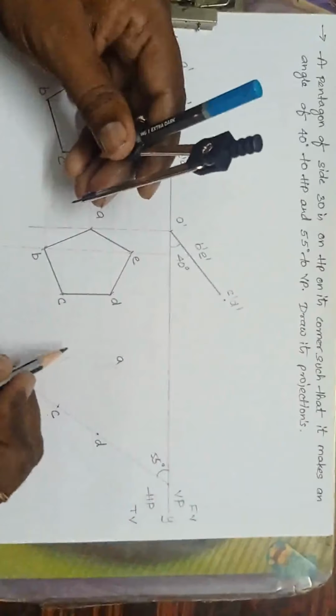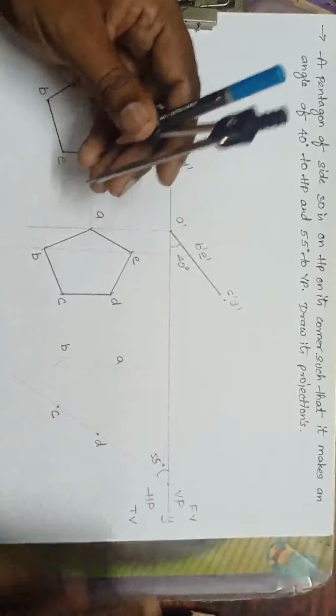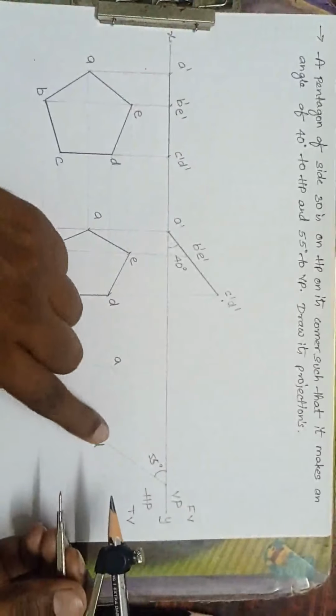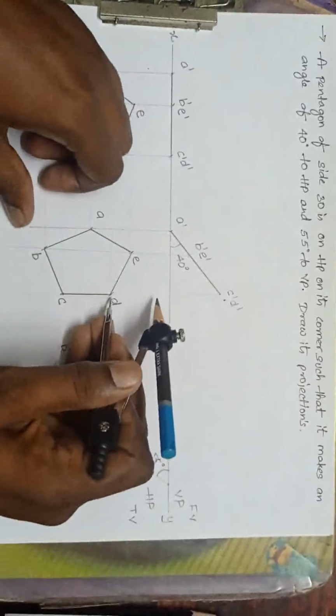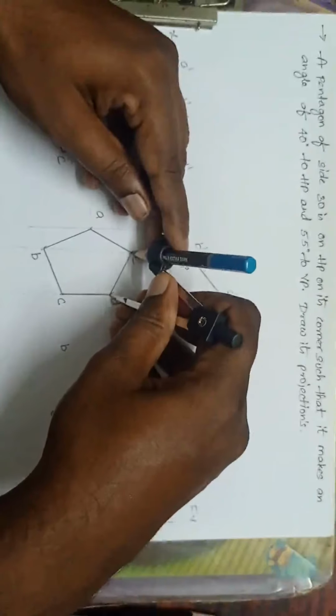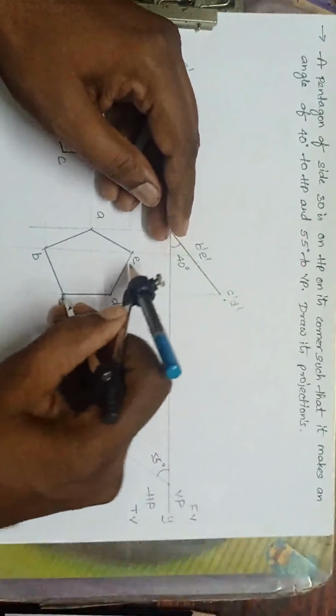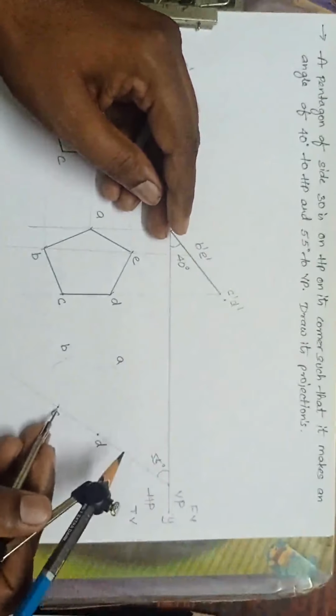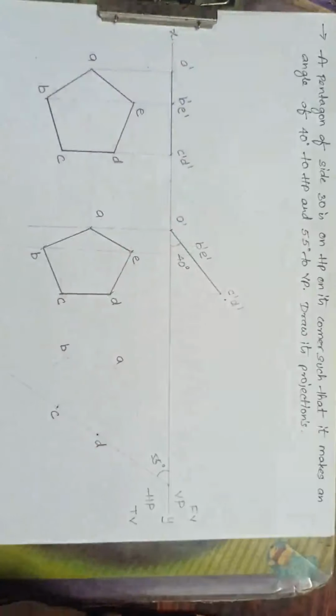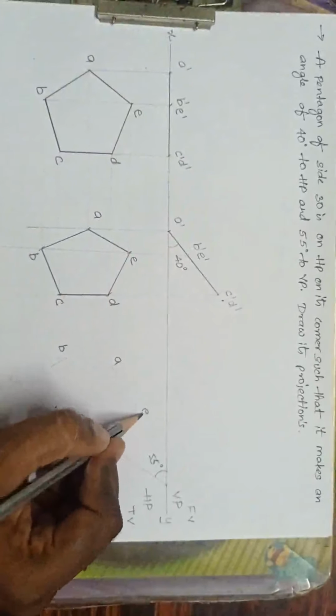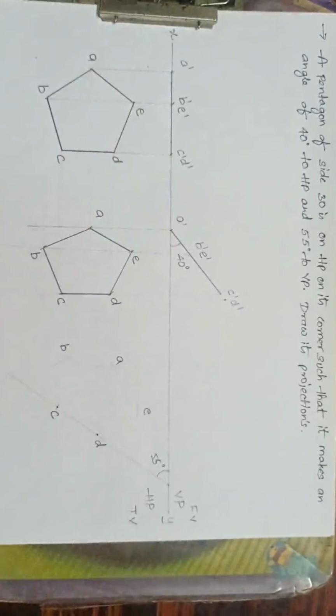I will get point B. Next I want E. Same, I will use D and C. Take radius DE, D as center, draw an arc. Next CE, C as center, cut here. I will get E. See, I have got all the points with the same common distances, same positions.